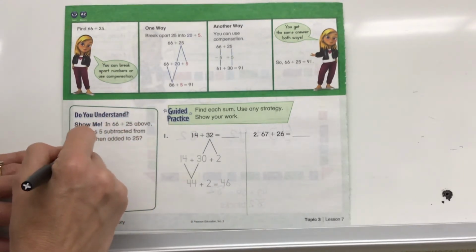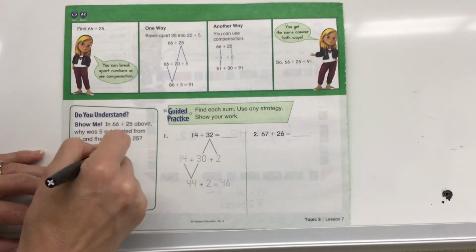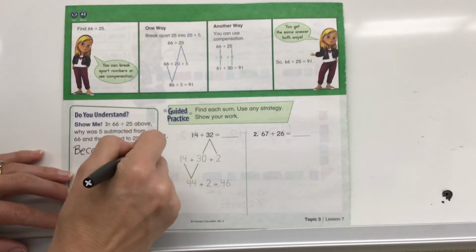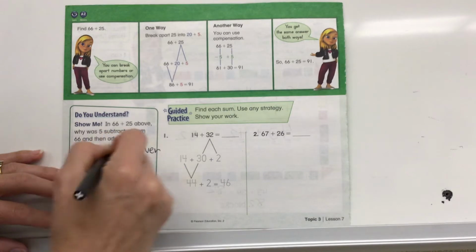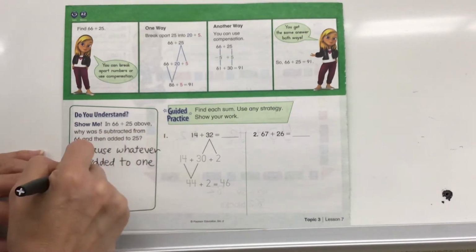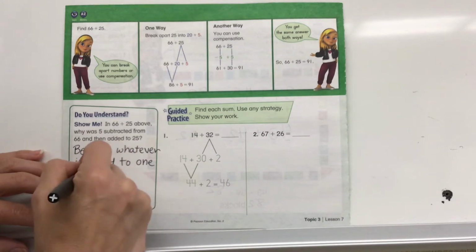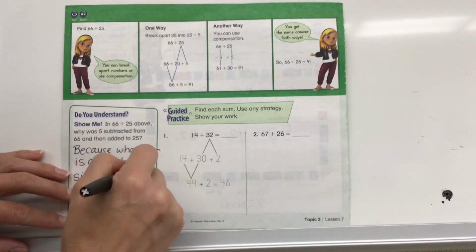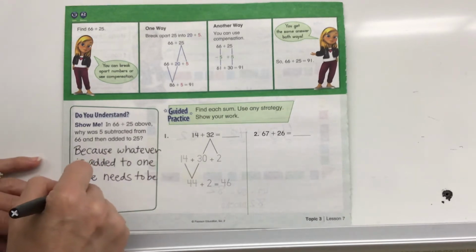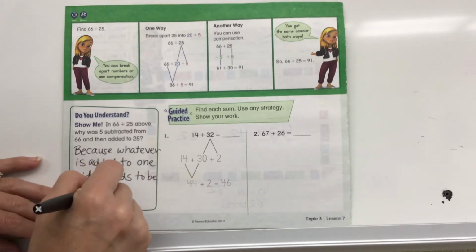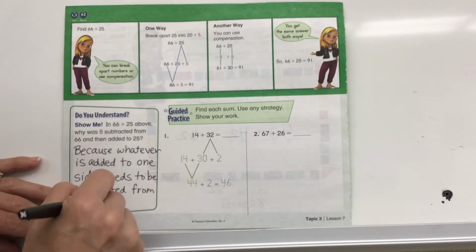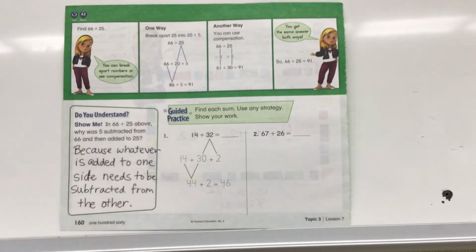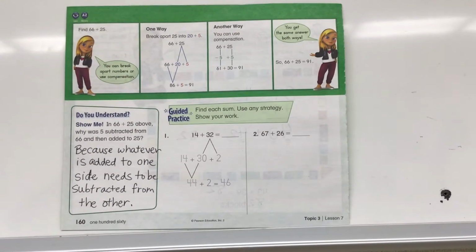And I'm just going to write because whatever is added to one side needs to be subtracted from the other. Again, we can pause the video if needed. If you need a little bit more time to copy that down, that's just fine.